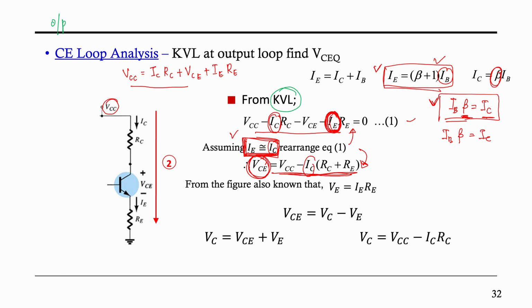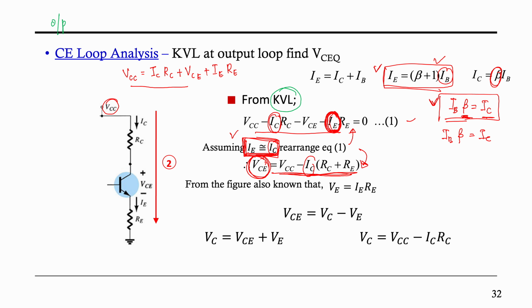Or you can assume that IE is equal to IC because it is a good transistor. Then you will be able to find the value of VCE.